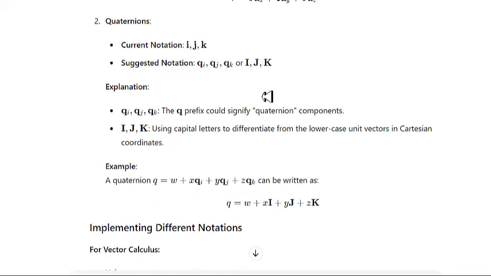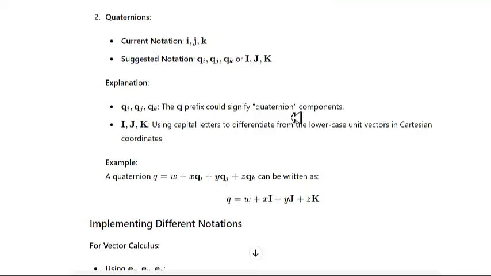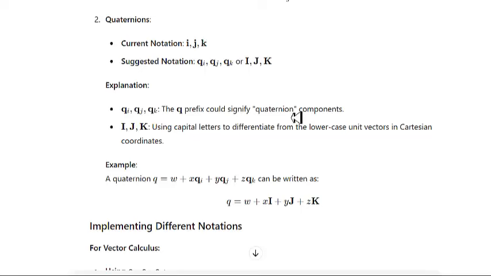ChatGPT agrees with me that using i, j, k for both the vector calculus and the quaternions can lead to some confusion, and I happen to agree with that.